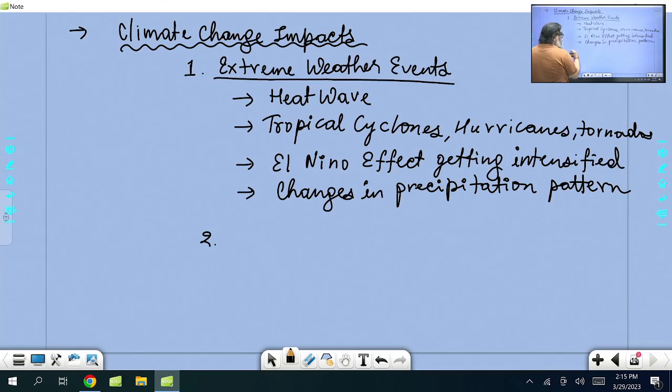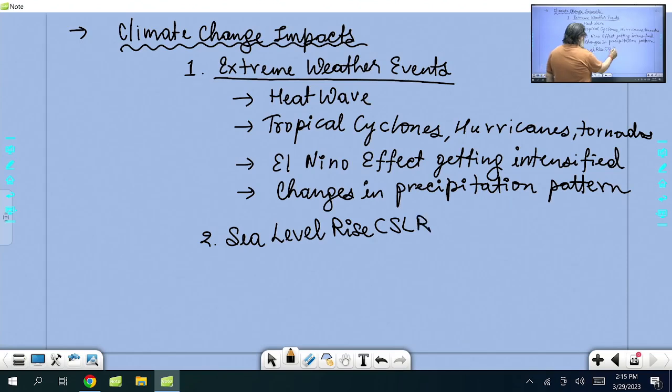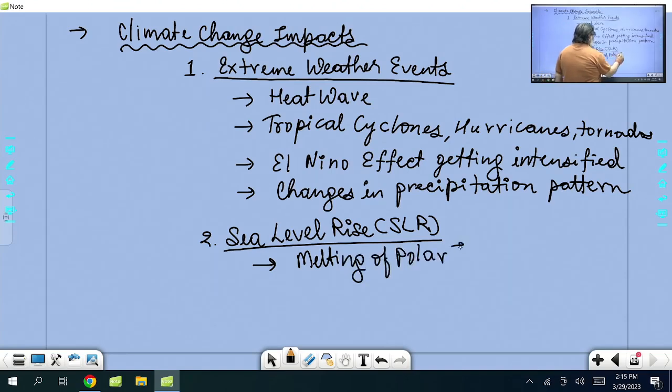Second, you know that, second what will be there? This one, sea level rise, SLR. And now why is sea level rise? SLR. Two things are there. Sea level rise because of one, you know, melting of polar ice and mountain glacier there, and glaciers.